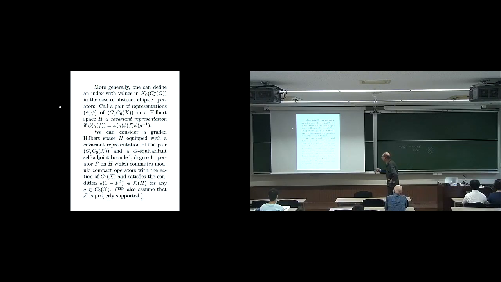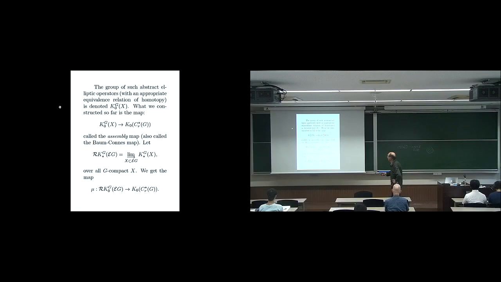This is an abstract version of operators on a manifold, and this still gives you an element of the K-theory of C star G. So the abstract elliptic operators are elements of this geometric group, and you associate to an element of it an element of the K-theory of the group C star algebra.